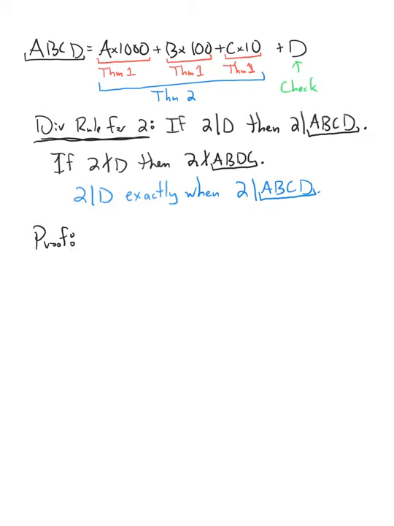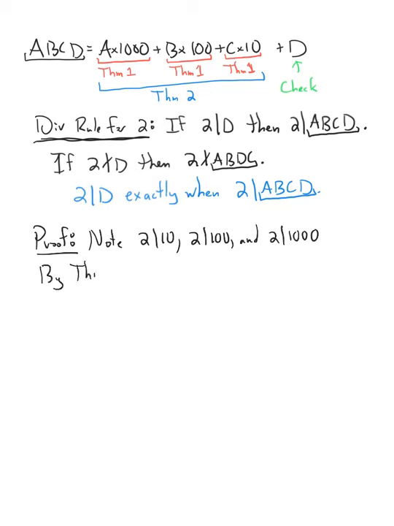So we have our 4-digit number A, B, C, D. So let's note that 2 is a factor of 10, 2 is a factor of 100, and 2 is a factor of 1,000.